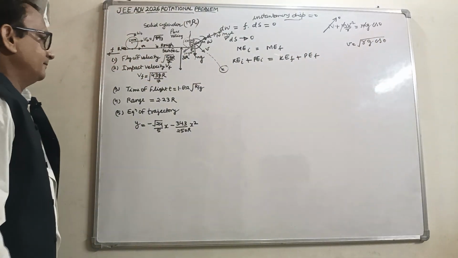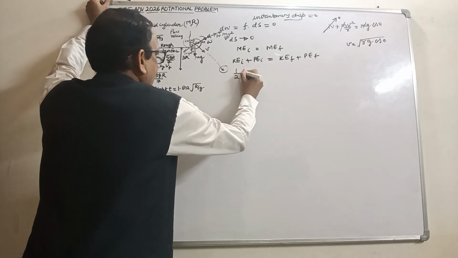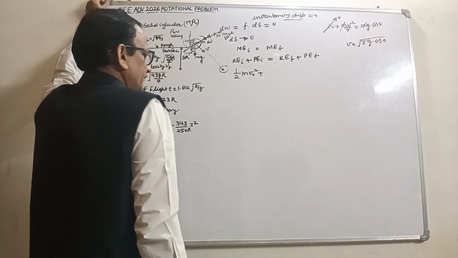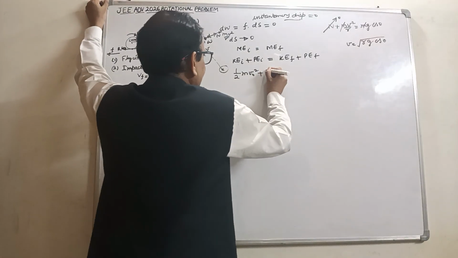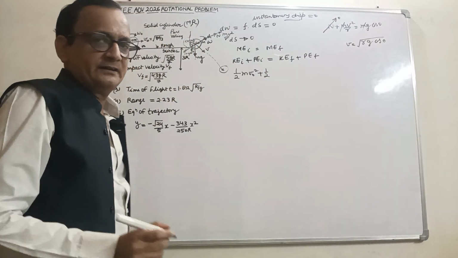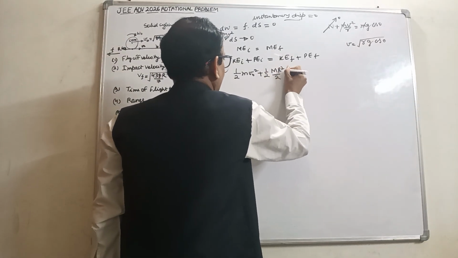So we write here the kinetic energy. This would be the initial kinetic energy, half mv naught square, and the initial rotational kinetic energy, half I omega square. The moment of inertia of a solid cylinder is mr square by 2, into omega square.